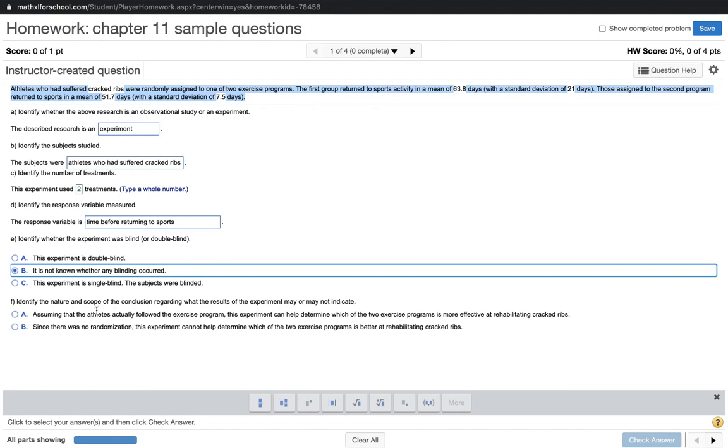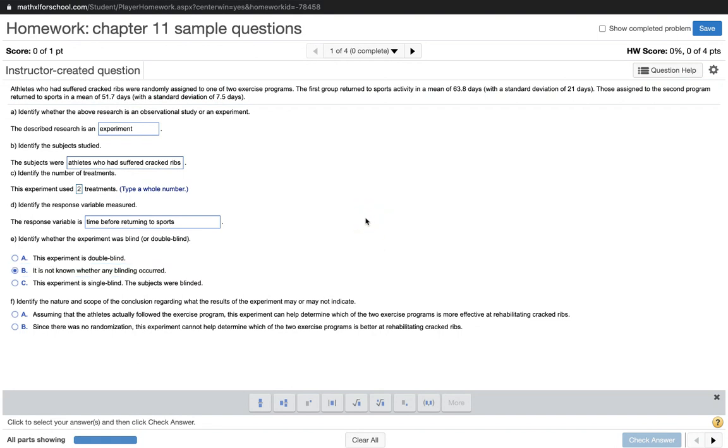Identify the nature and scope of the conclusion regarding what the results of the experiment may or may not indicate. First thing I notice is if I look at B, it starts, since there was no randomization. Now that automatically ruins B. B has to be wrong because it clearly says in the first sentence, were randomly assigned to one of 2 exercise programs.